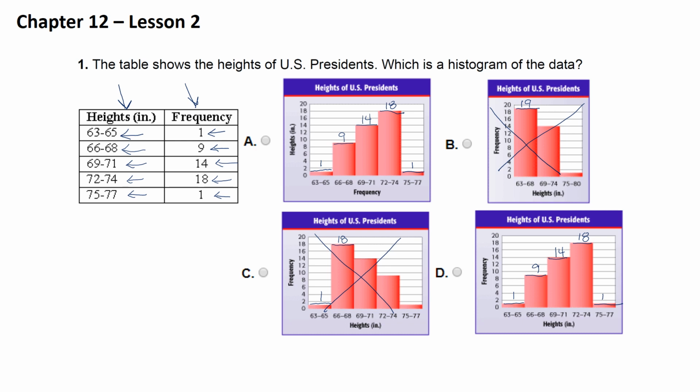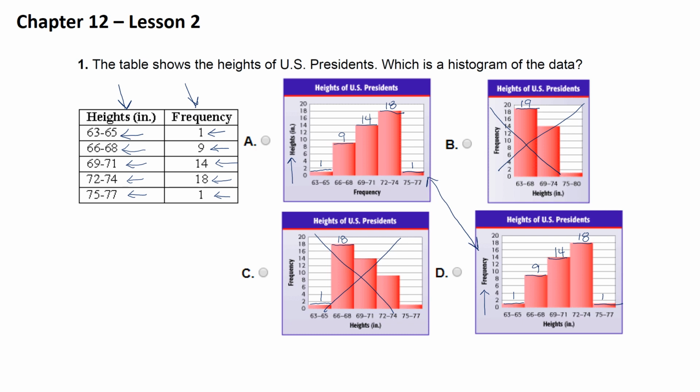So at this time, it looks like graph A and graph D are the same. However, if we look at the labels, we'll notice that they are labeled differently. In A, the y-axis or the vertical axis is labeled heights.